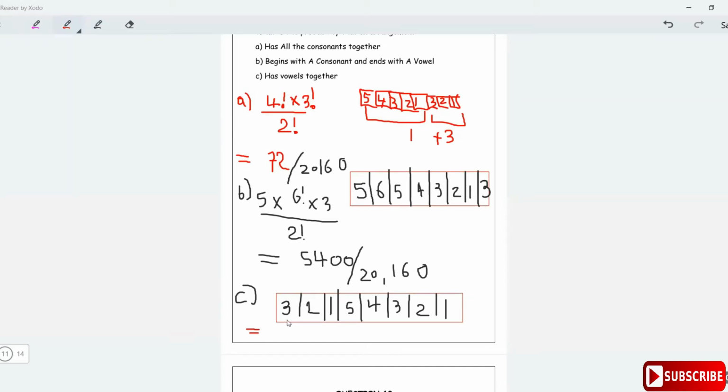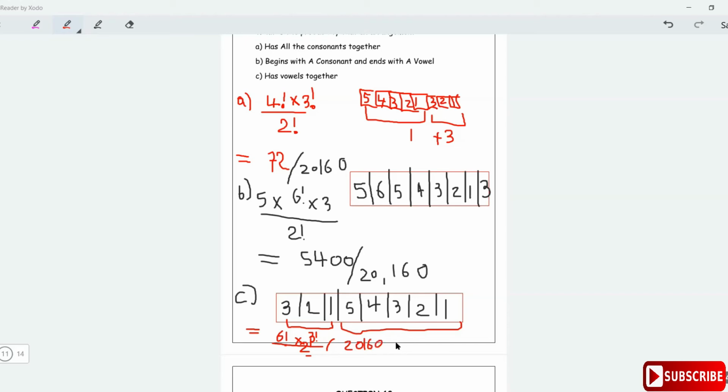These three vowels together are like 1, and this is 5, so that's 6 factorial in the numerator times 3 factorial over 2 factorial, and then all of that is going to be divided by 20,160.